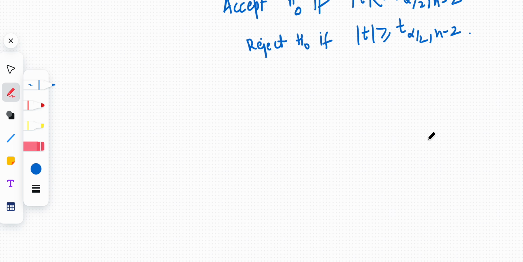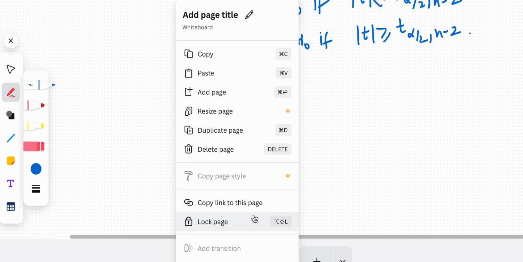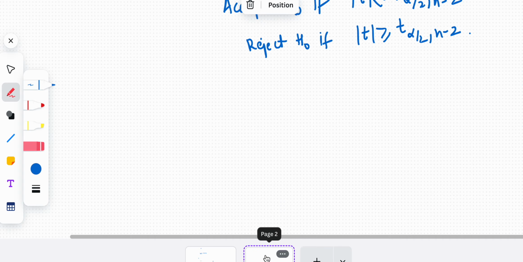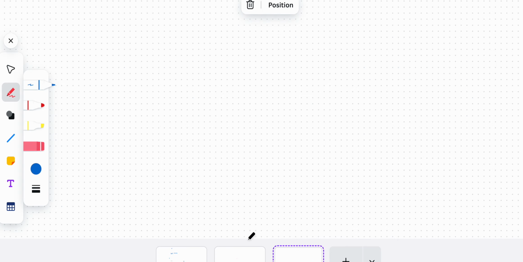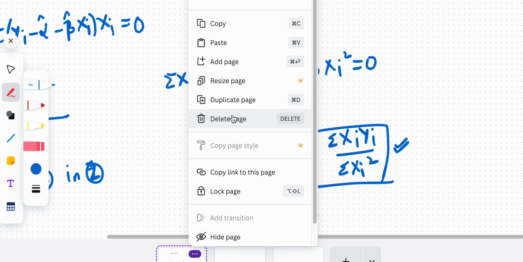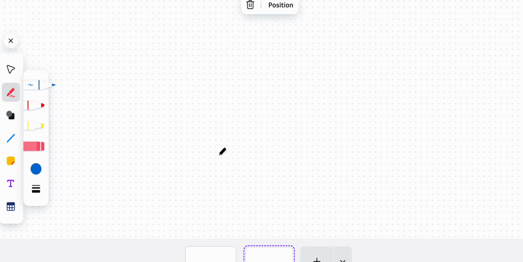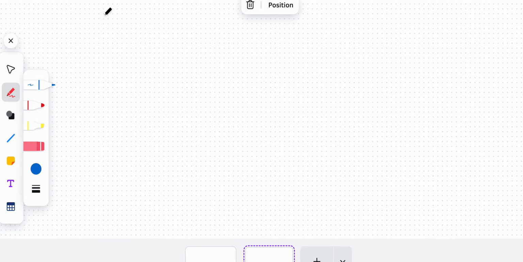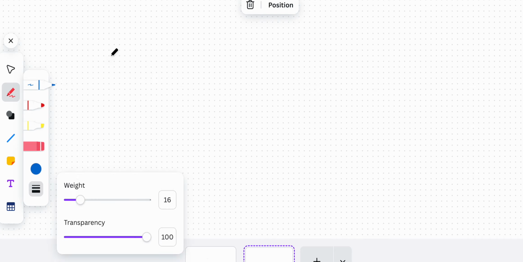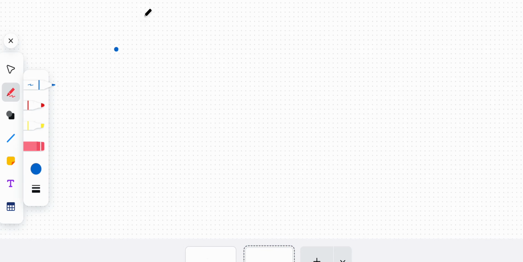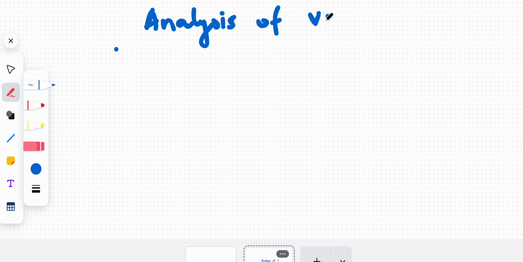Now after that, I think we should go to another topic, which would go something like this: analysis of variance.